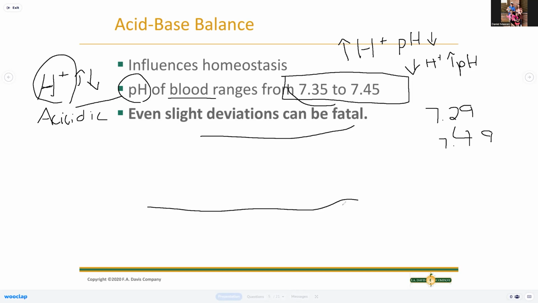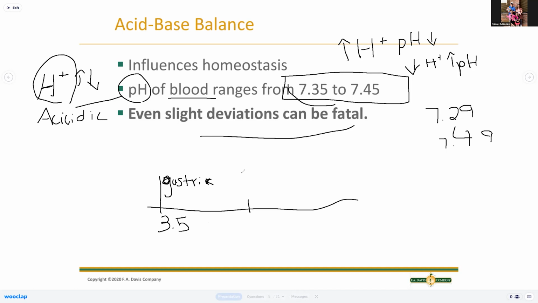For example, to give you an idea of pH for gastric contents, I really can't remember off the top of my head. I meant to look this up, I apologize. We'll just say 3.5, really acidic. That's why it hurts your stomach when you have acid reflux. It's not supposed to be there. So gastric secretions like stomach acid, hydrochloric acid, 3.5.